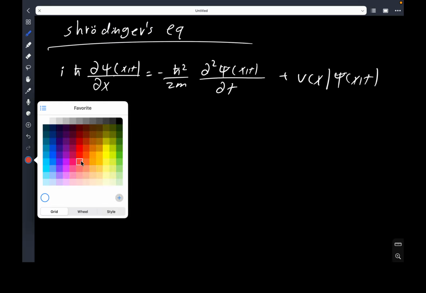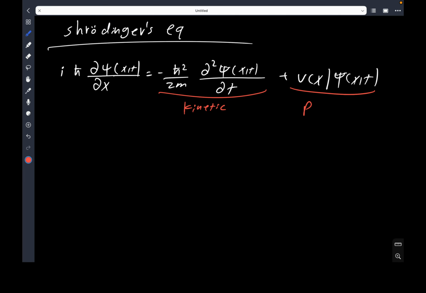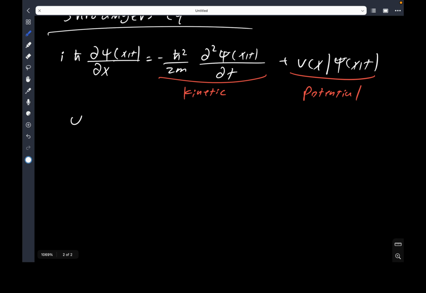So this is the kinetic energy, and this is the potential energy. Our goal is to solve for psi, the wave function, which is the main thing that we worry about in quantum mechanics.